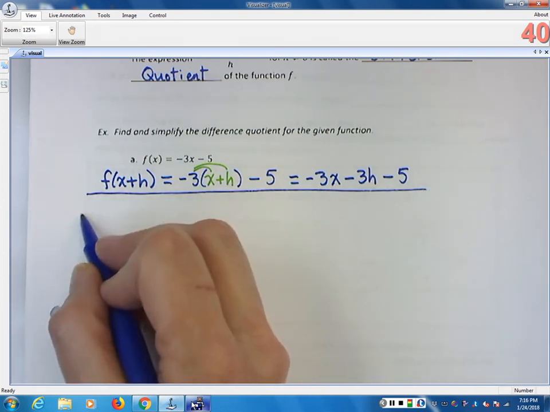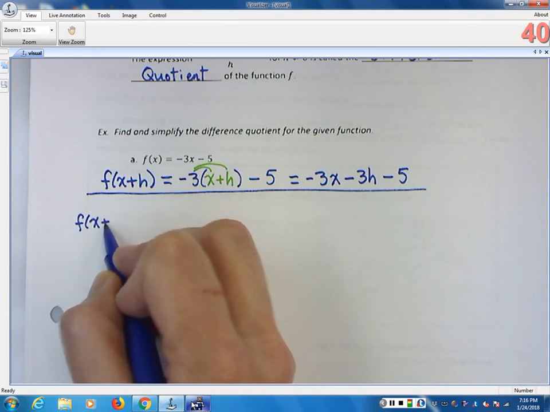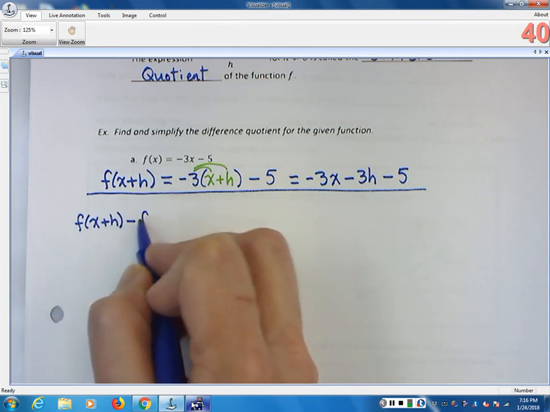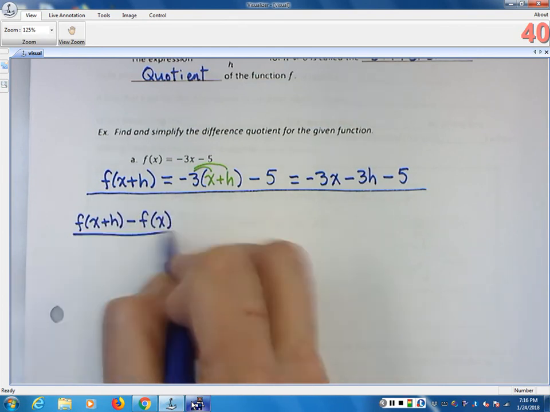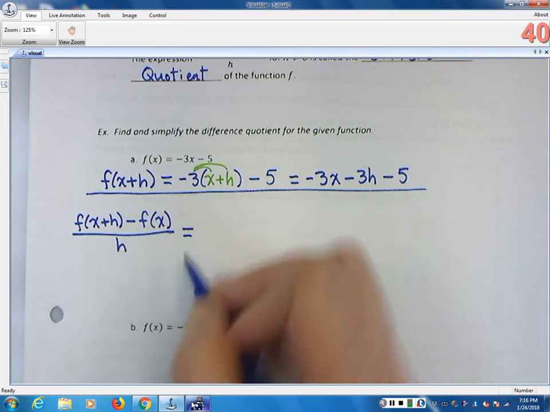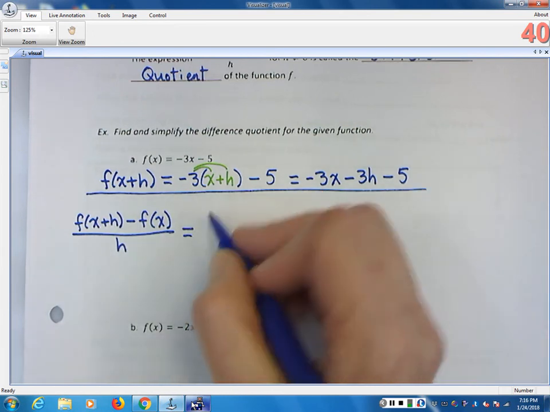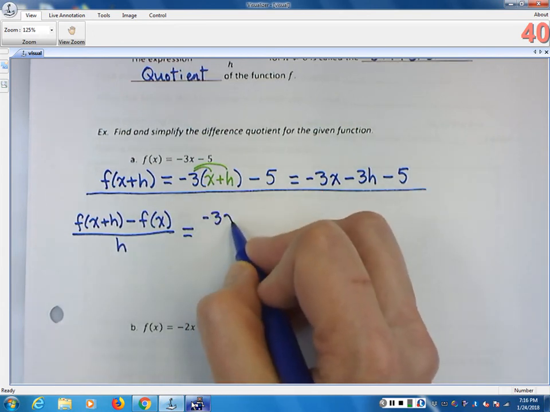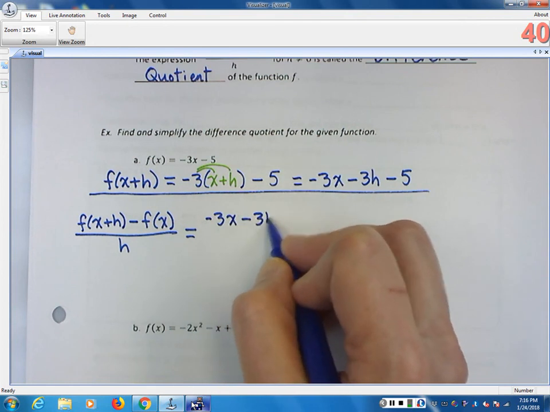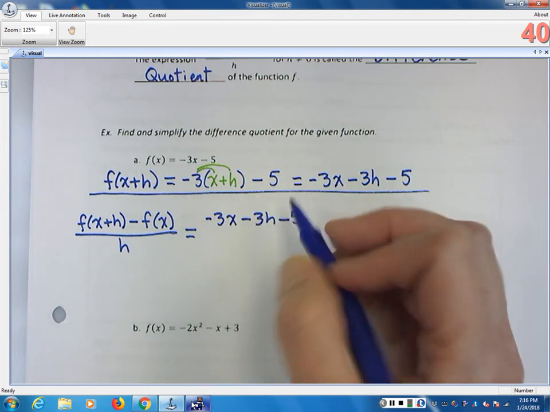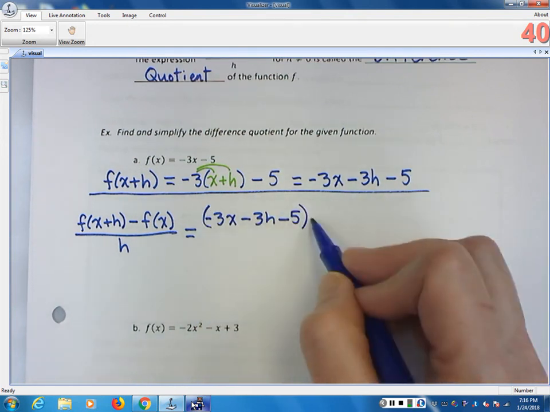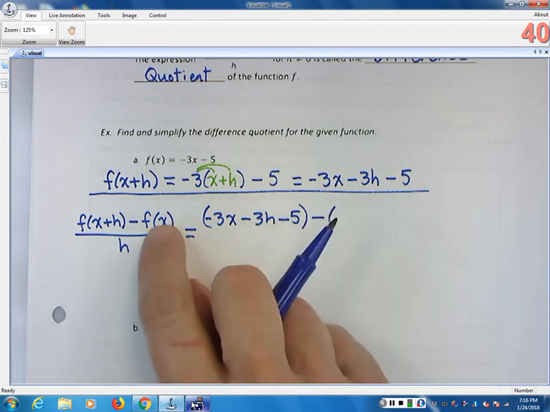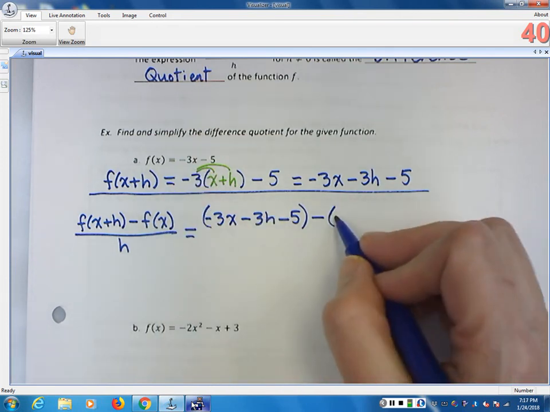Now we have everything we need for the difference quotient. So let me write down what it was. F of x plus h minus f of x, divided by h, equals: all of this is f of x plus h, minus, we have to put parentheses around it, what f of x was.